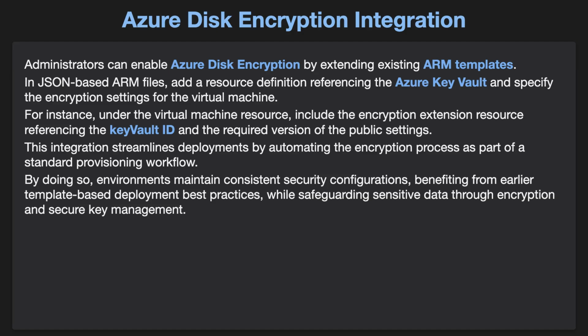This integration streamlines deployments by automating the encryption process as part of a standard provisioning workflow. By doing so, environments maintain consistent security configurations, benefiting from earlier template-based deployment best practices, while safeguarding sensitive data through encryption and secure key management.